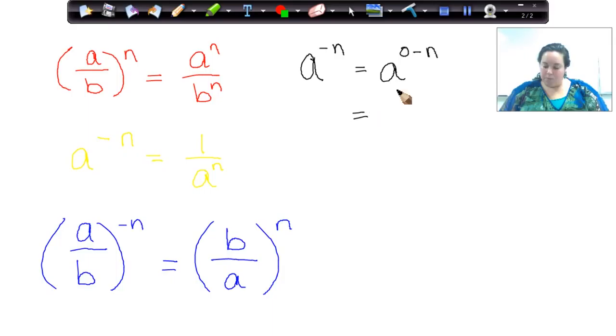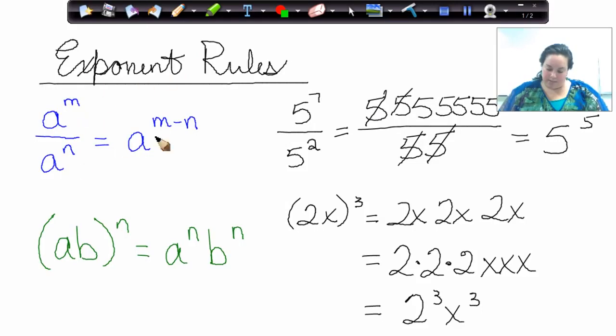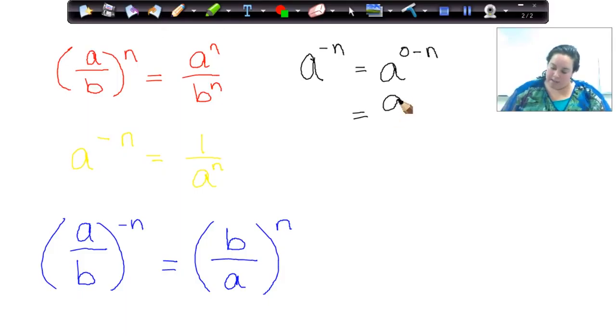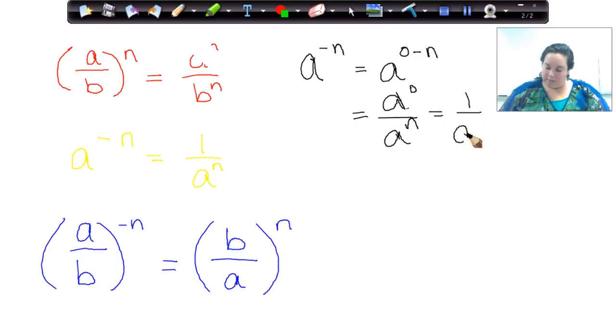Well, according to our rule on the previous page, 0 minus n is the same thing as a to the 0 over a to the n. So a to the 0 over a to the n, okay? But anything to the 0 is what? 1. Anything to the 0 is 1. So we get 1 over a to the n.